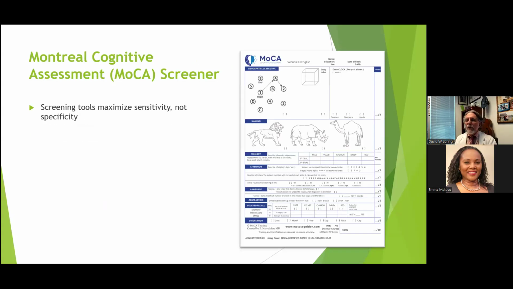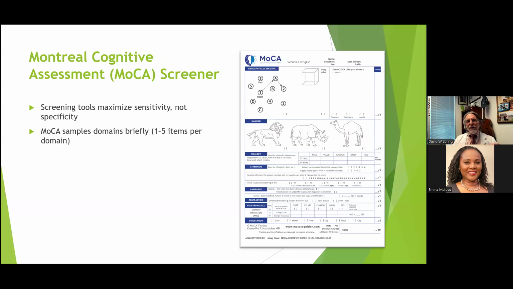Okay, so let's get started with a quick overview of the MoCA itself. The MoCA was designed as a screening tool, and that distinction is really very important for how we interpret the results. By design, screening tools are built to maximize sensitivity. They're designed to catch as many true cases as possible, which inevitably means they also flag a number of people who don't actually have any cognitive impairment. The MoCA covers several cognitive domains, but only very briefly, ranging between 1 and 5 items per domain.